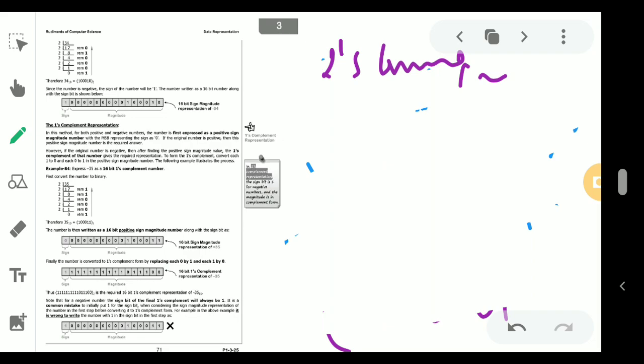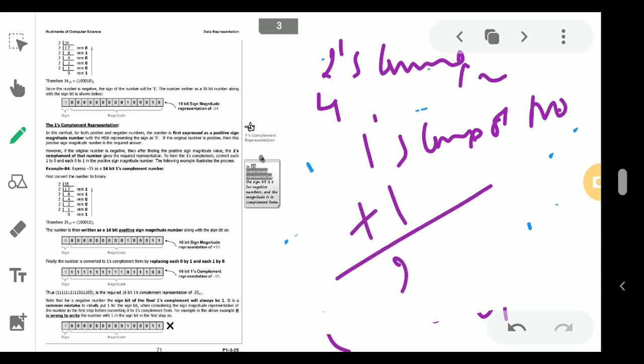So first express the number in one's complement format. After that we will add 1 with it. So first the one's complement of the number, then plus 1, and then we will find the two's complement of the number.